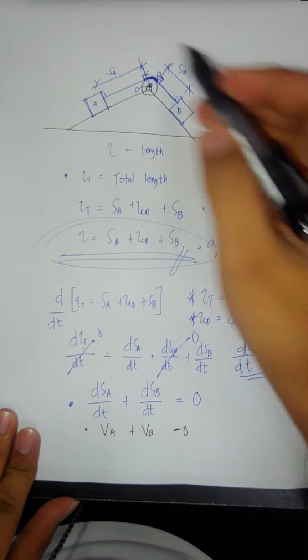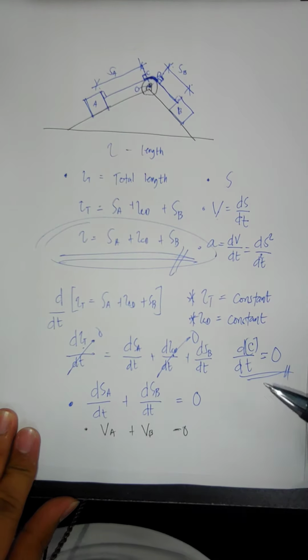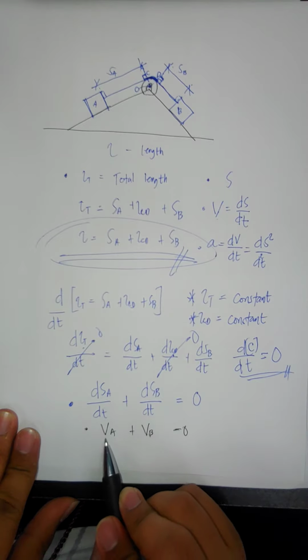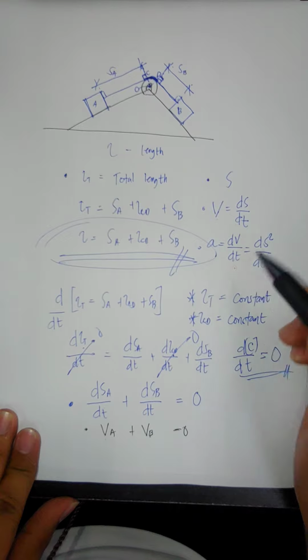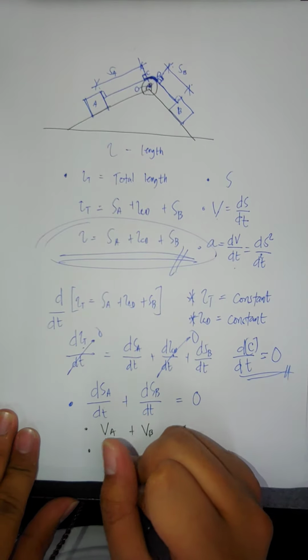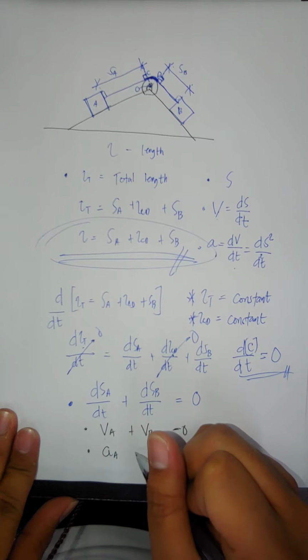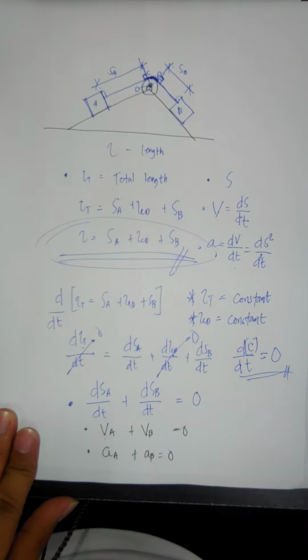For this example, so lain ni siya, depende sa example. Now, if we derive the velocity with respect to time, it becomes acceleration. So this denotes then that acceleration of A plus acceleration of B is equal to 0.